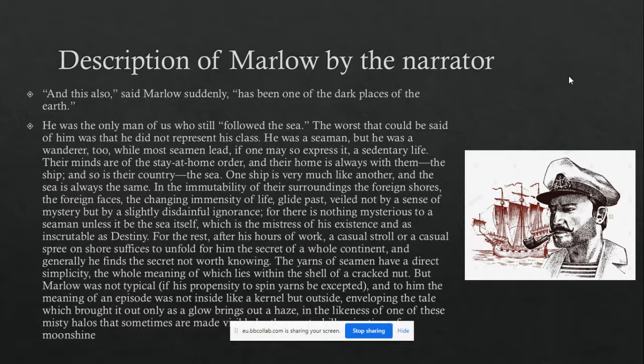If his propensity to spin yarns be accepted, to him the meaning of an episode was not the inside of it like a kernel, but outside, enveloping the tale, which brought it out only as a glow brings out a haze, in the likeness of those misty halos that sometimes are made visible by the spectral illumination of moonshine.